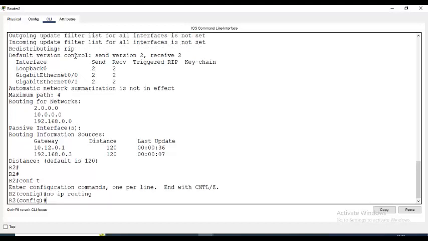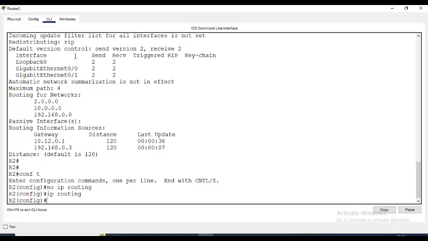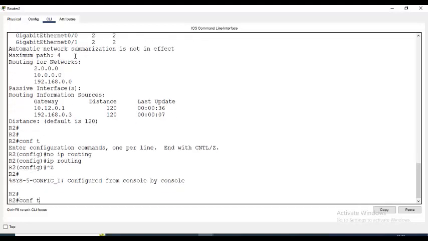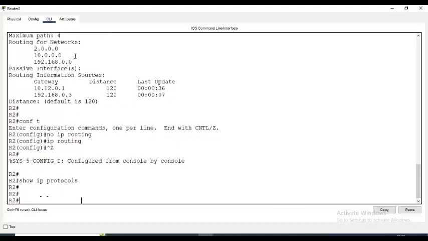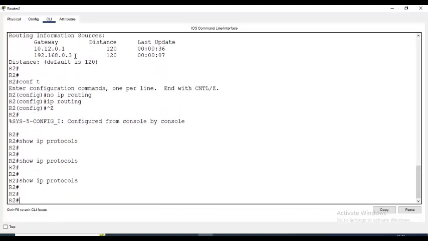If you type this, you are saying I don't want routing, which means it is going to immediately remove all the protocols, not only RIP. After that, you put routing again, IP routing. Now, if you go and see, no protocol. You got it.